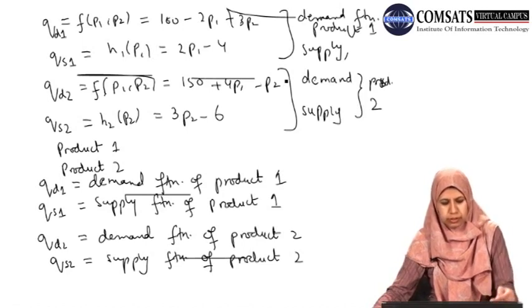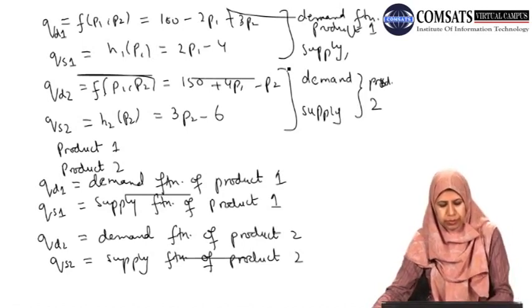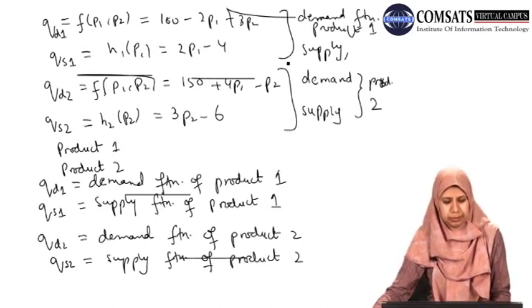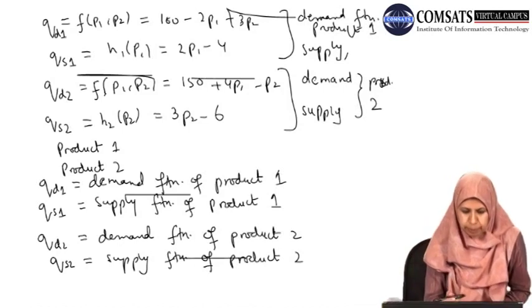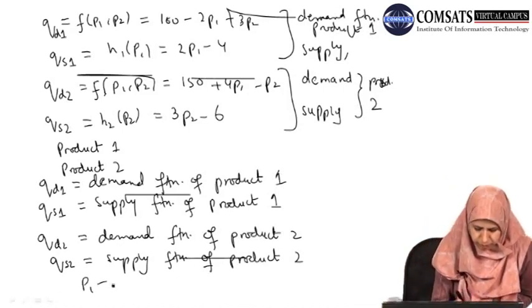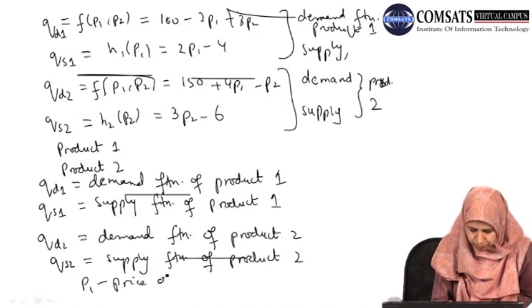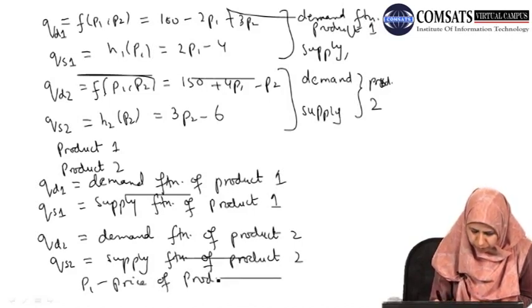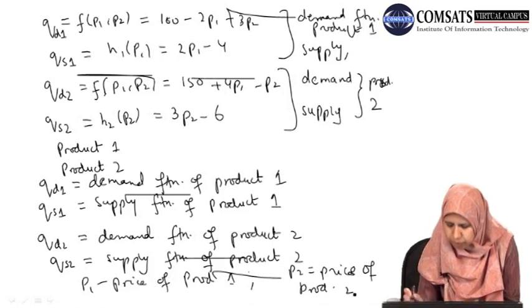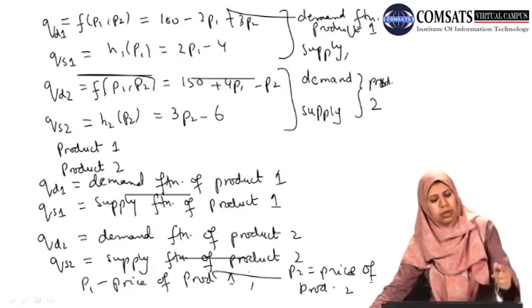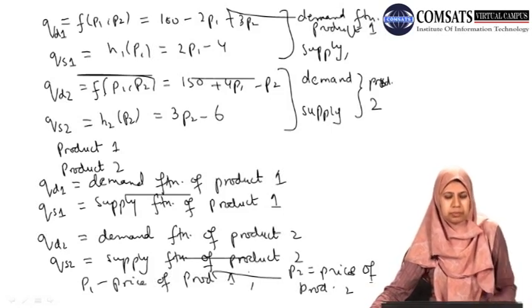All these four functions, two functions of demand QD1, QD2, and two functions of supply QS1 and QS2, are linear functions of the prices of product 1 and product 2, where P1 is the price of product 1, P2 is the price of product 2. All these four functions are linear in prices P1 and P2.